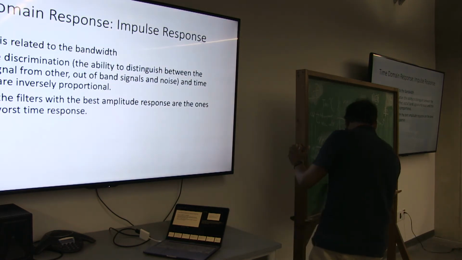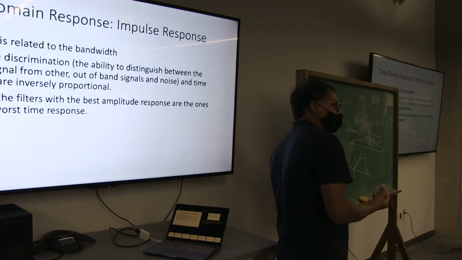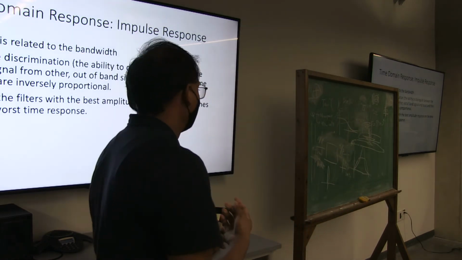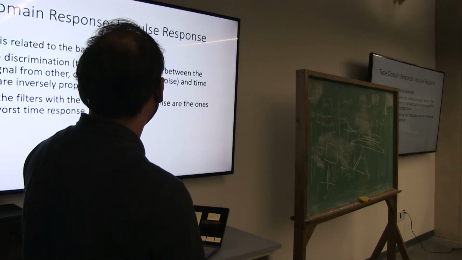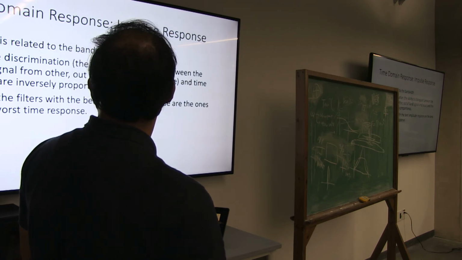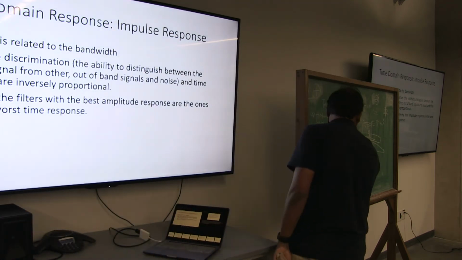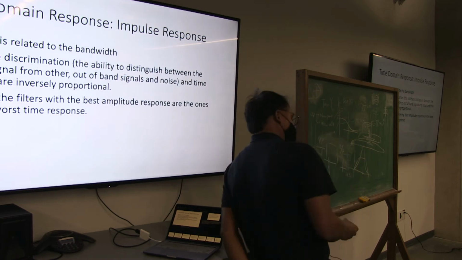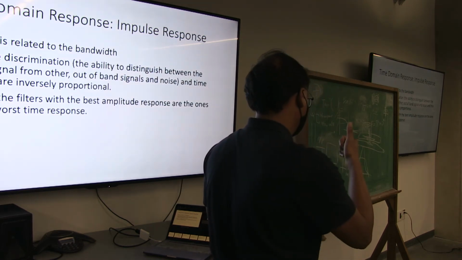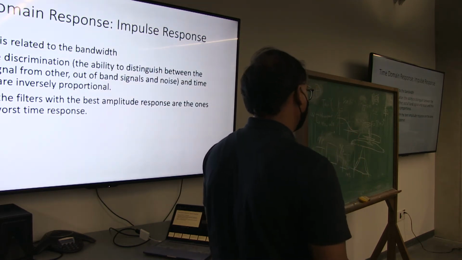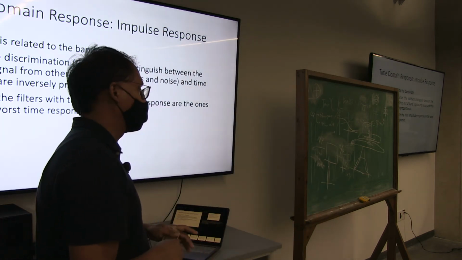Because an impulse is basically a delta function, which has a very high bandwidth signal, right? Like we have a burst of energy at one frequency and there is no other signal in any other frequency.